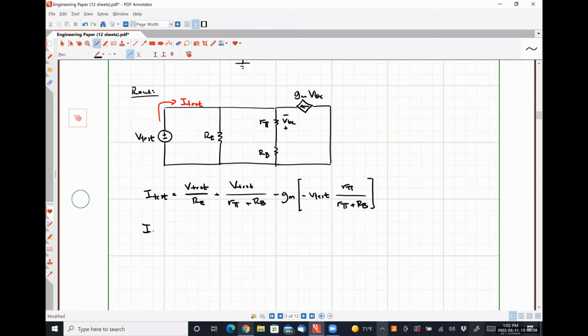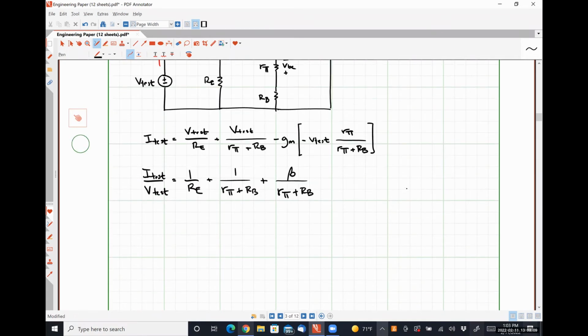From this, I test divided by V test looks like 1 over RE plus 1 over R pi plus RB plus GM times R pi, which is just beta, divided by R pi plus RB.